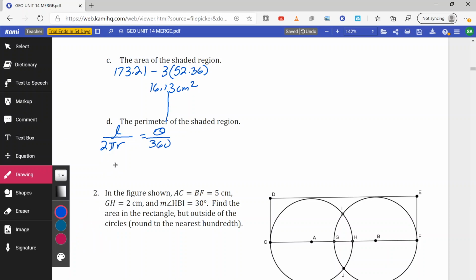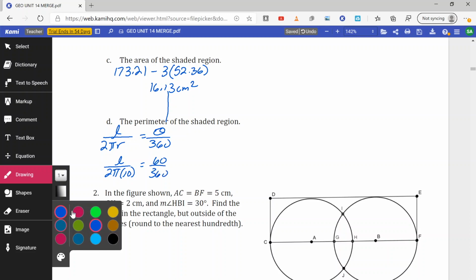So we don't know what the length is, but we do know the radius of each circle is 10. And the central angle of our circle is 60 degrees over 360. So we're going to cross multiply.